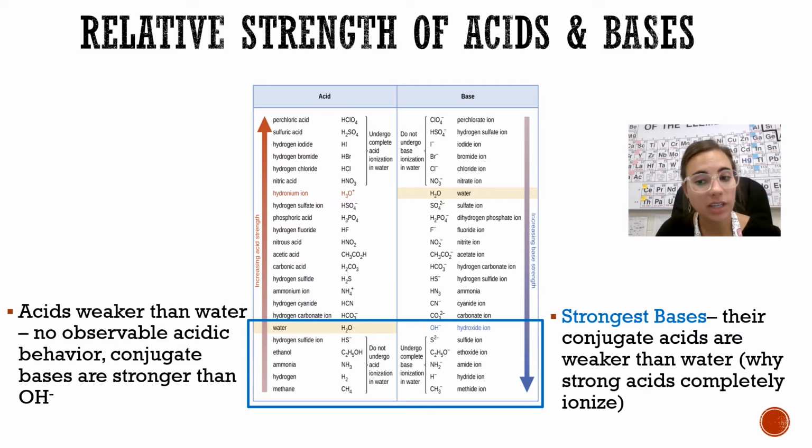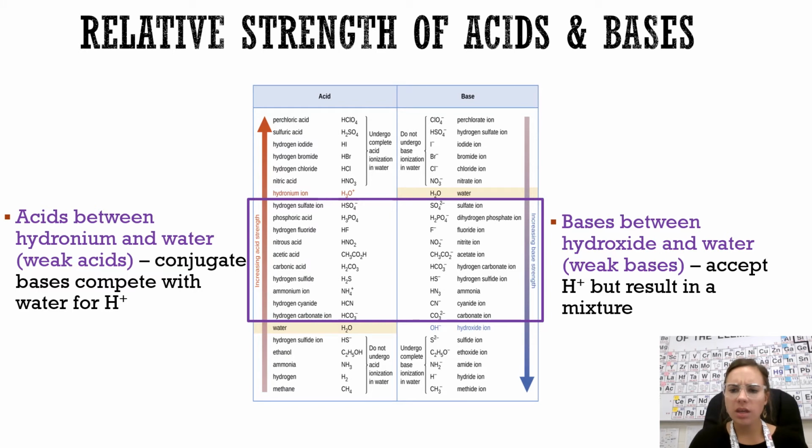Now, where it gets tricky is in the middle. In the middle, the acids and the bases are both considered weak. Neither of them are in our strong category. And so the conjugate of an acid in the middle, that conjugate base can act as a base.